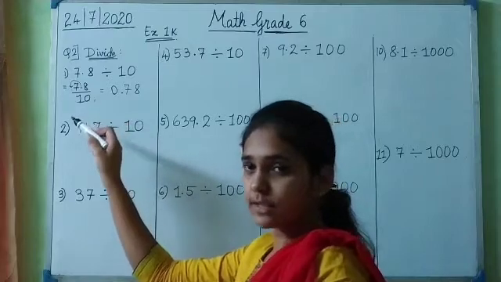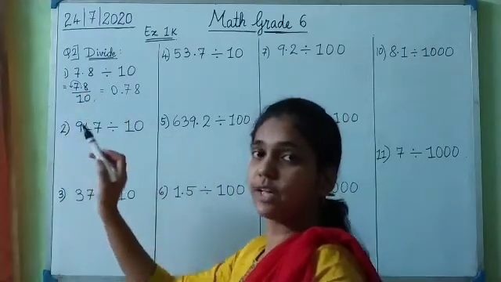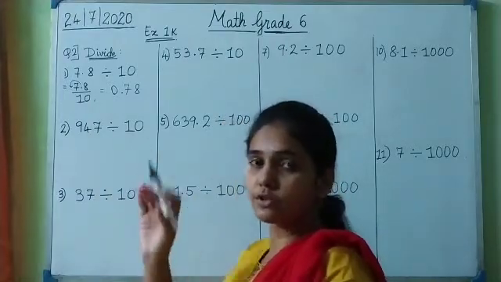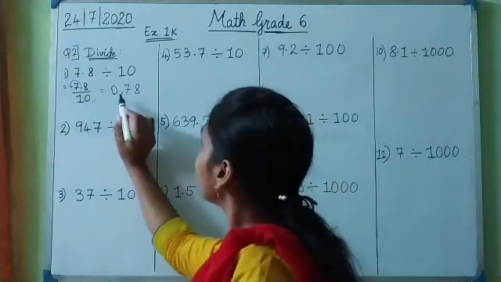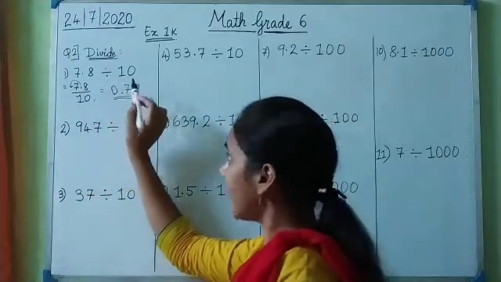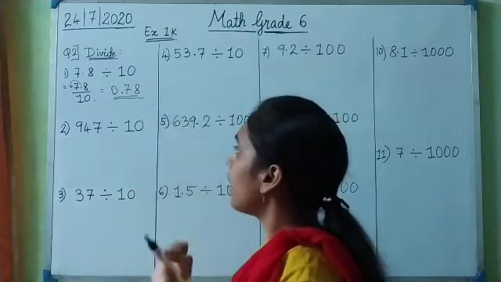In 10 there is only one zero, that is why we shift the point only one digit towards the left. If there are two zeros like in 100, we shift the point two digits towards the left. So when we divide 7.8 by 10, we get 0.78.